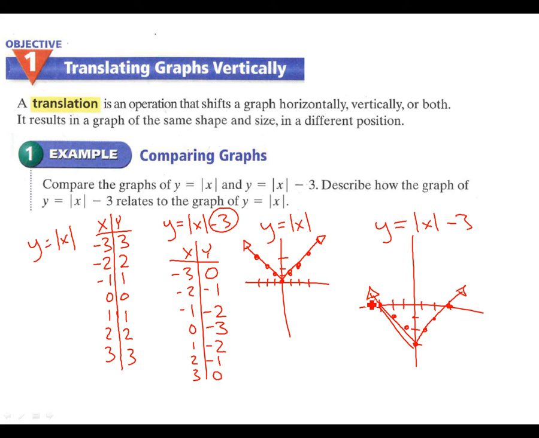We've got that. What happened from this point to that point? We shifted down 3. And so that number right there is going to be a vertical translation. We're going to move up or down. If it was positive, what do you think would have happened? We would have moved up by 3.